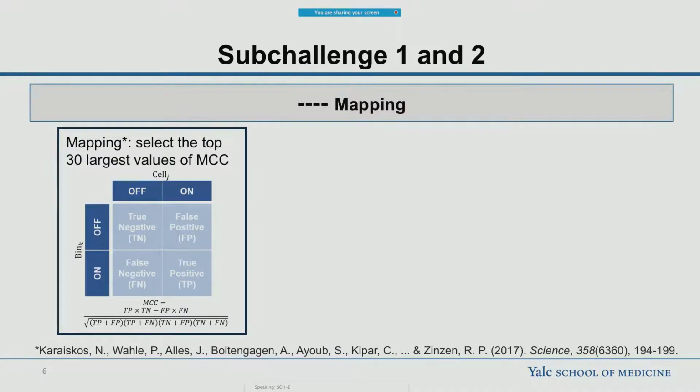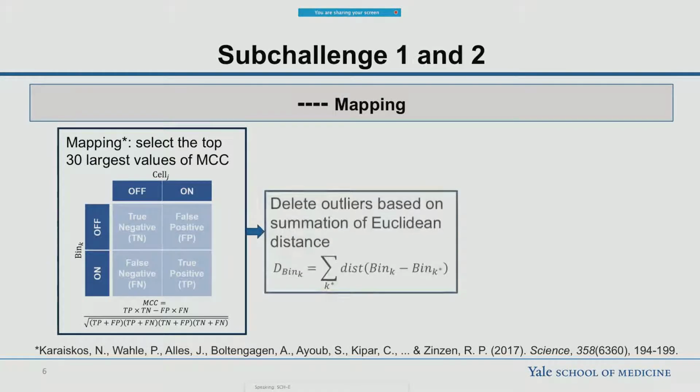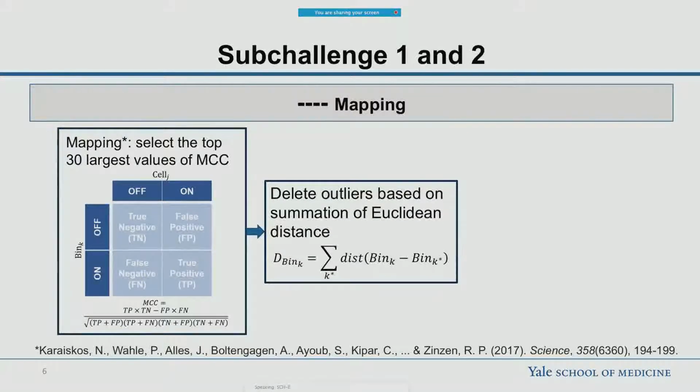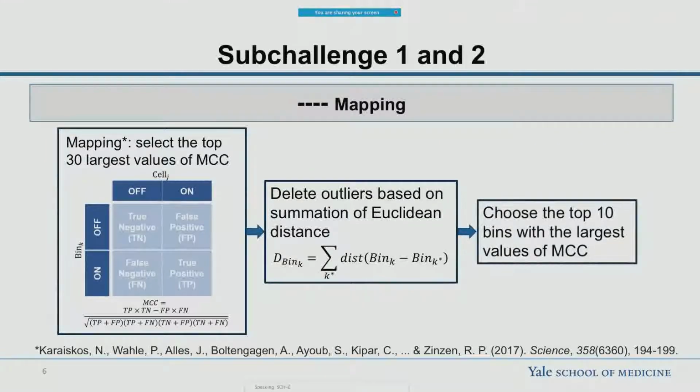These 30 positions are 30 bins. For each bin, we can calculate a distance, same thing, from this bin to all the other bins, according to their spatial space. We will delete the bins which are outliers. Based on the rest of the bins, we will select the top 10 bins with the maximum value of Matthews correlation coefficient.